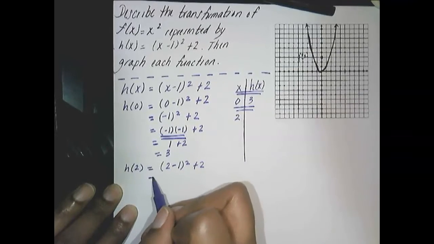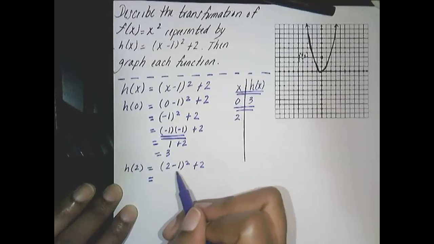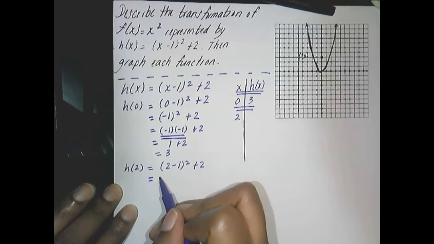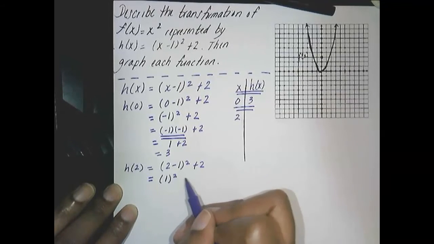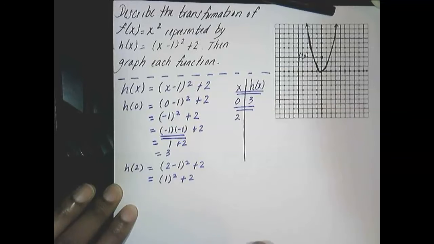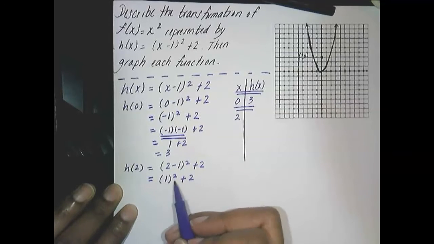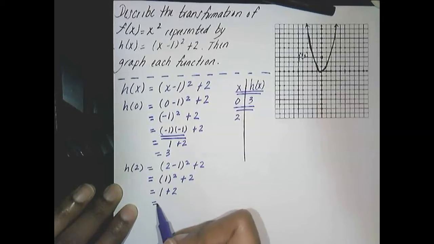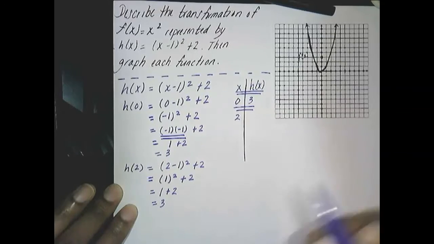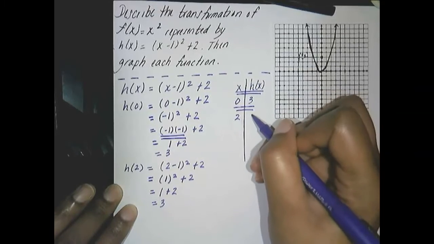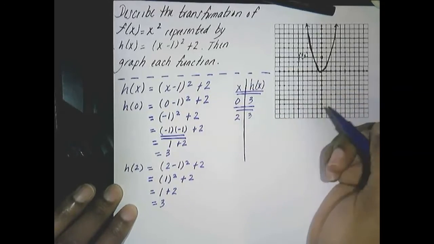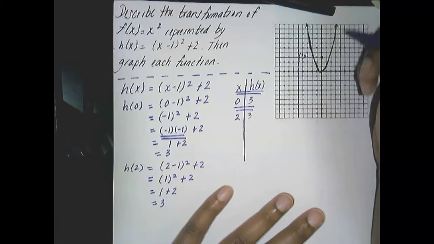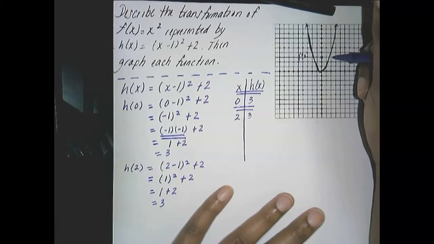So once again, I'm going to have 2 minus 1. It becomes +1, and we're going to square that and add 2 to it. Well, +1 squared is 1, plus the 2, and we'll have 3. So at 2, we're up again to 3. So let's see here, 1, 2, up to 3. We have our point right in there.